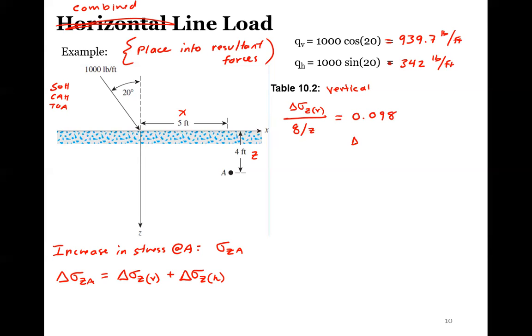So delta sigma z is equal to 0.098 times our vertical divided by our z, which is 4 feet down. So our delta sigma z in the vertical direction is about 23 pounds per square foot.